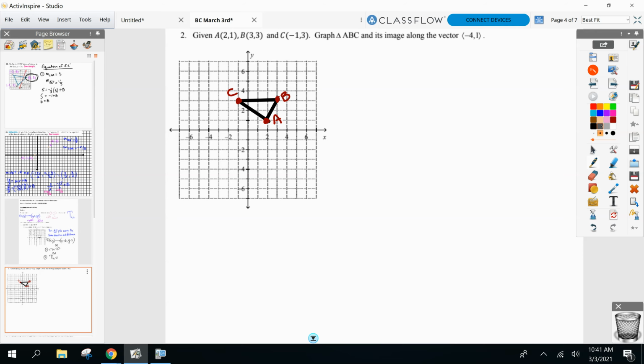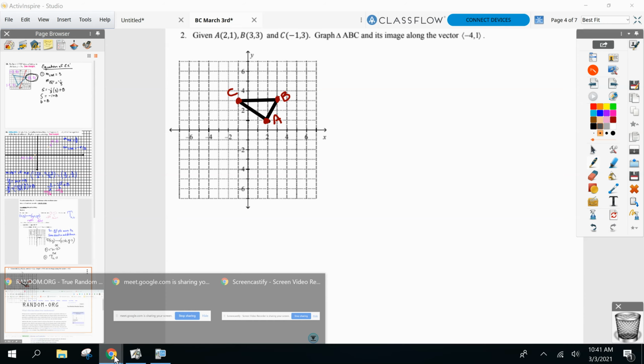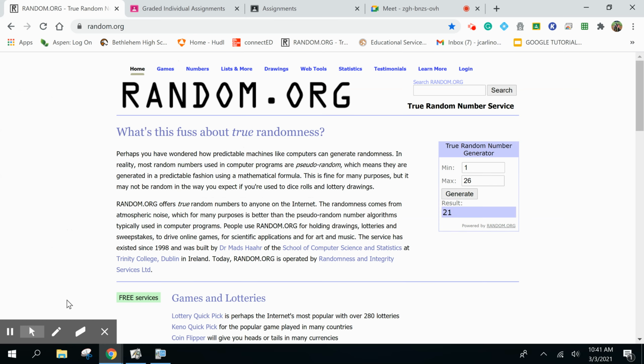Do we know what to do if I see -4, 1 in there? Along the vector (-4, 1), where am I going? Tell me direction and distance.